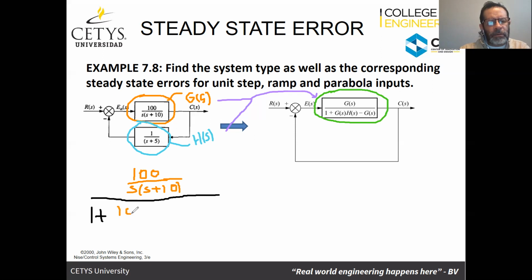100 divided by S times S plus 10. That is going to multiply H of S. And in this case, H of S is going to be 1 divided by S plus 5.